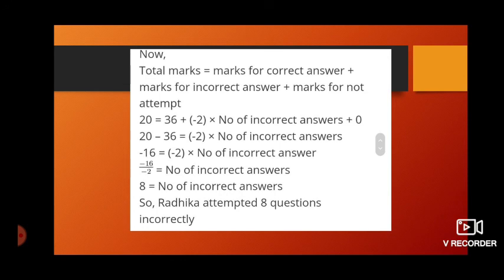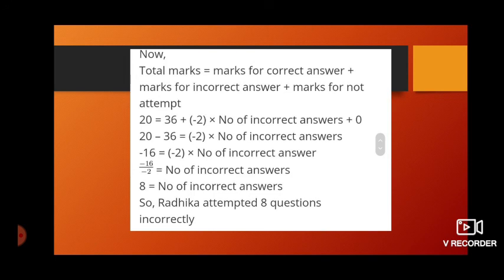Marks for correct answers, we already calculated, 12 into 3, 36, plus minus 2 into the number of incorrect answers, which we don't know, plus 0. Now this side plus 36, if it comes to this side, becomes minus 36, is equal to minus 2 into the number of incorrect answers.